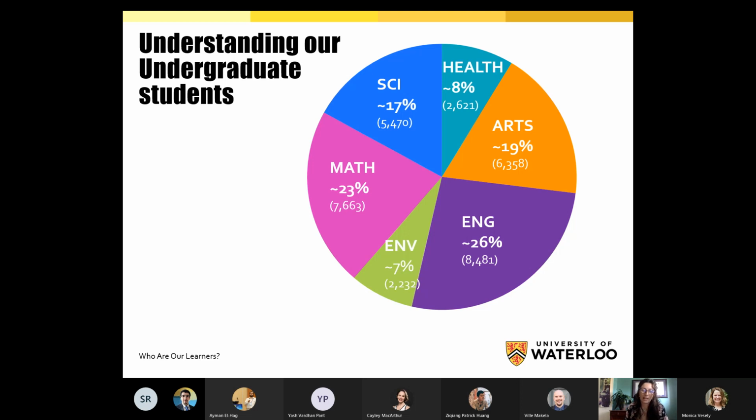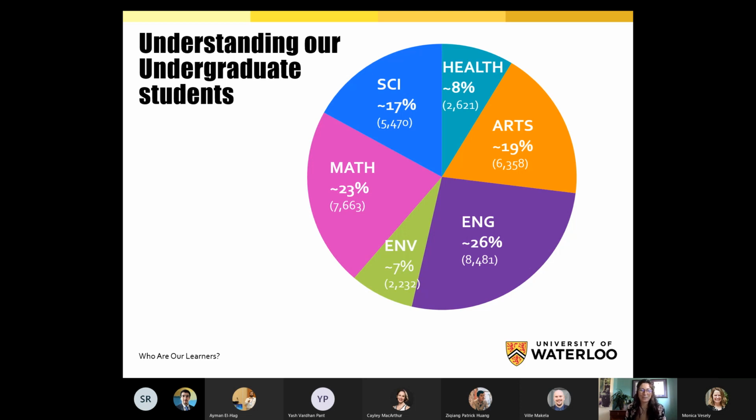Next, we have engineering making up 26%. Math, 23%, science is 17%, faculty of health is 8%, and environment is 7%. So good job on guessing engineering, and you were not far off if you guessed arts.